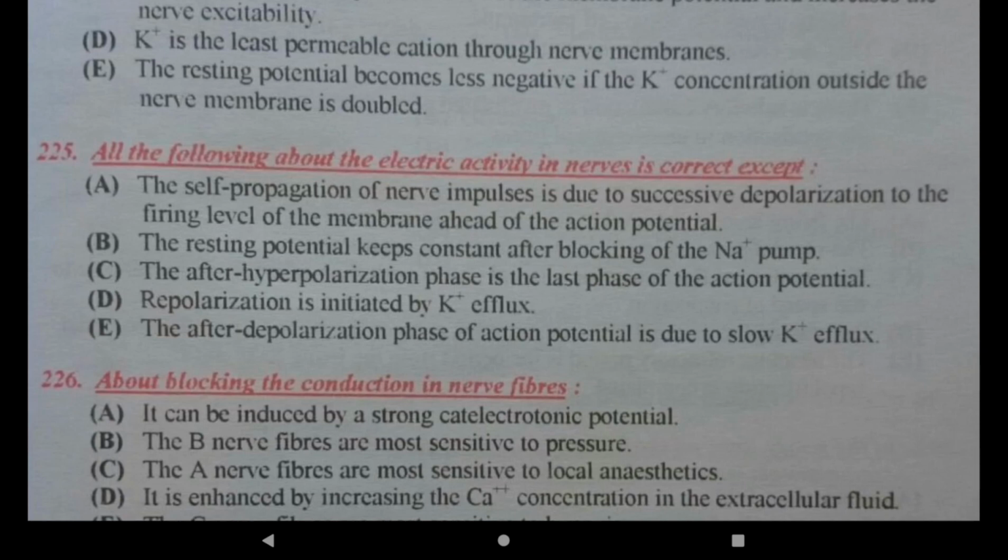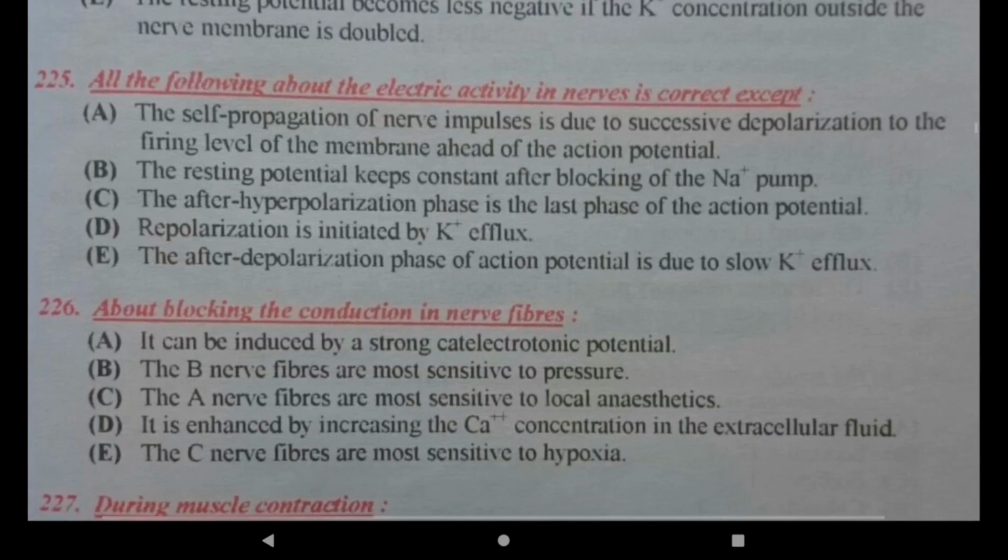D. Repolarization is initiated by potassium ion efflux. The after depolarization phase of the action potential is due to slow potassium ion efflux.